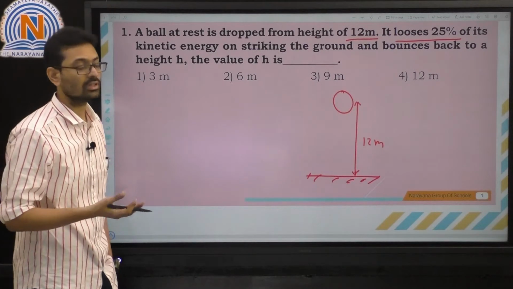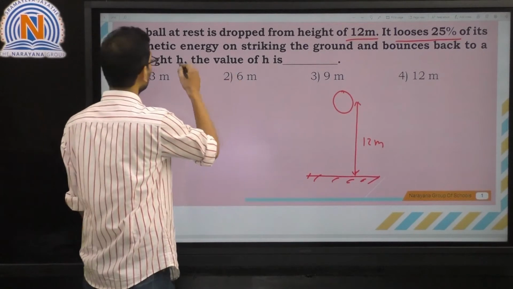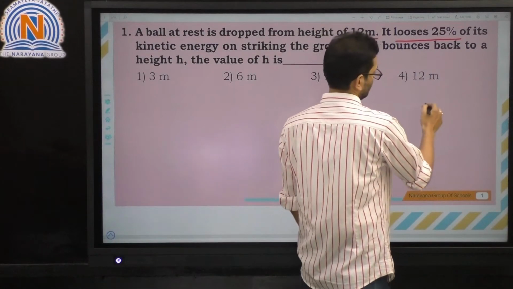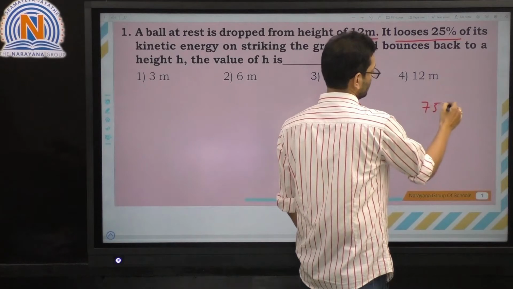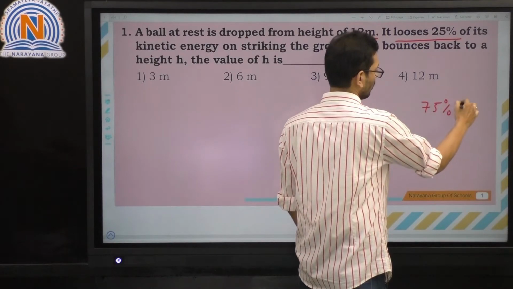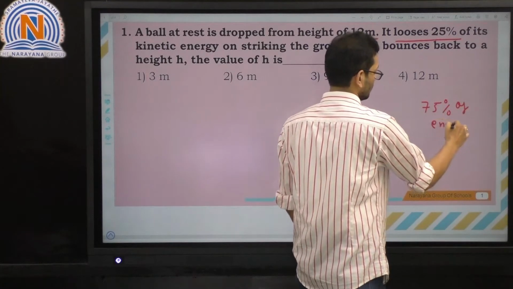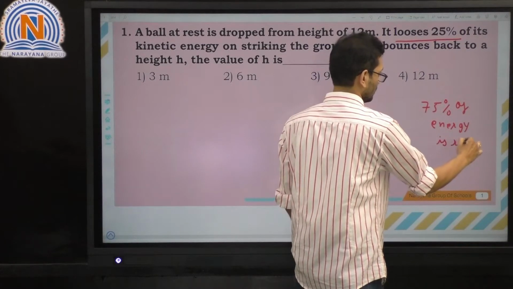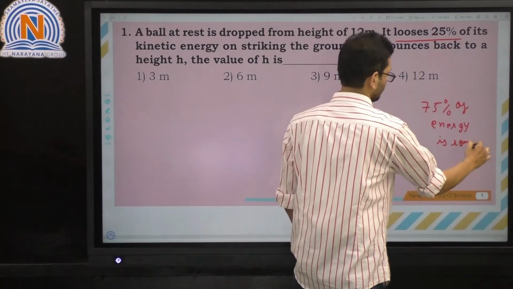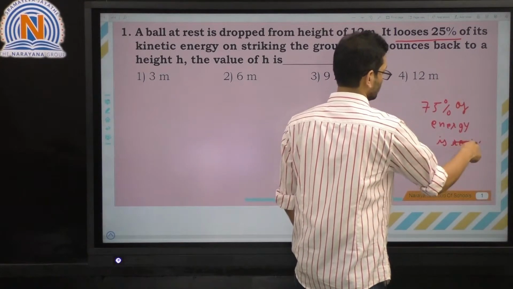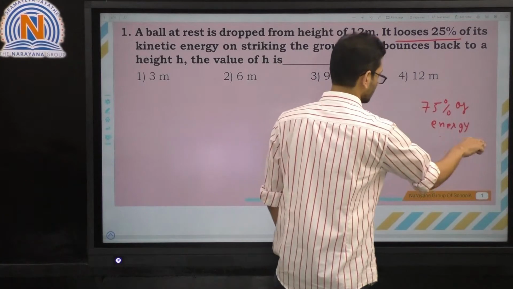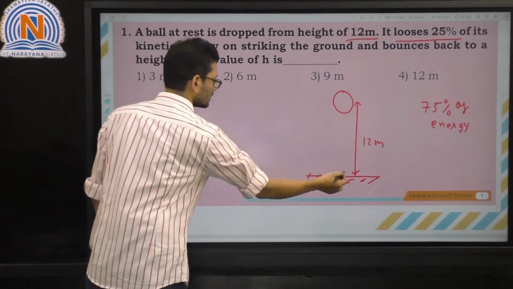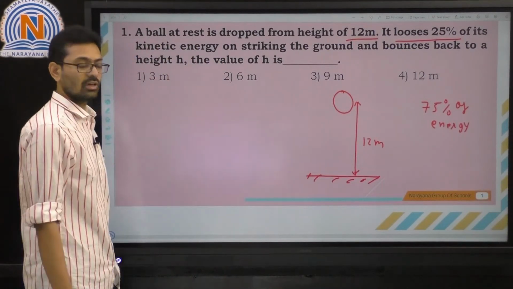That means how much is still remaining? In 100%, 25% is lost. That means 75% of the energy is remaining. 75% of energy is there when it strikes the ground.